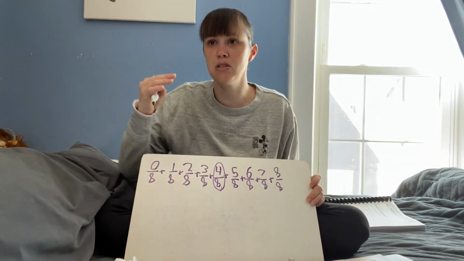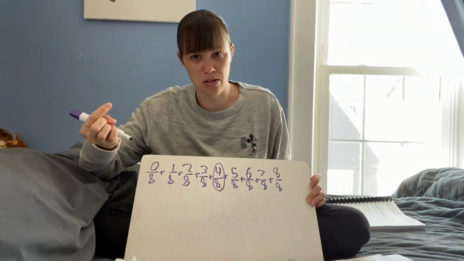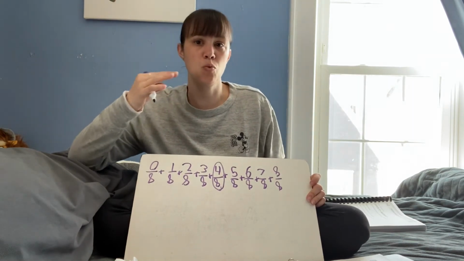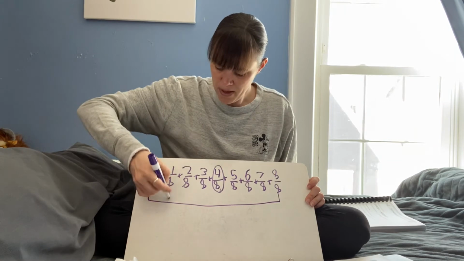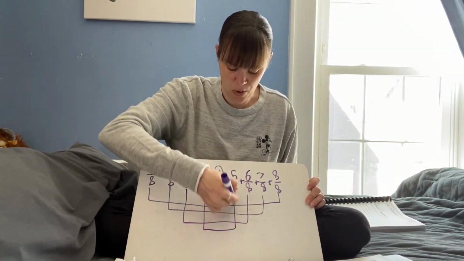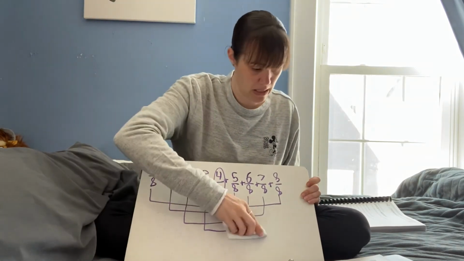So if you're adding ninths, you're actually adding 10 fractions. If you're adding 20ths, you're actually adding 21 fractions. That's 1 pair, 2 pairs, 3 pairs, 4 pairs. Okay, so we notice a lot of stuff on this.